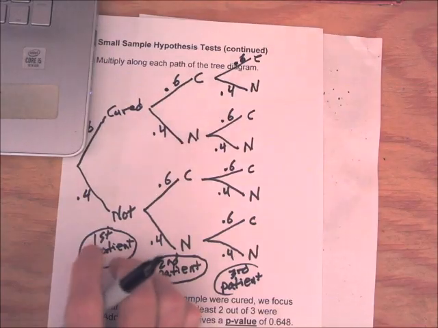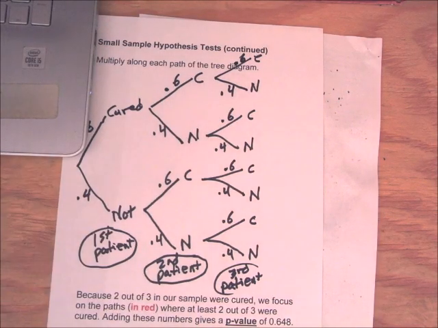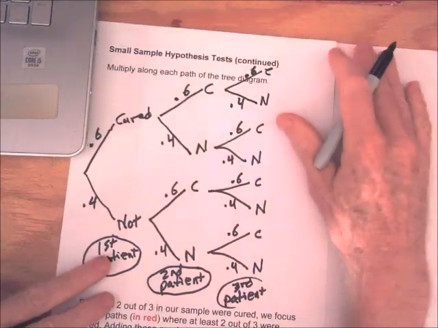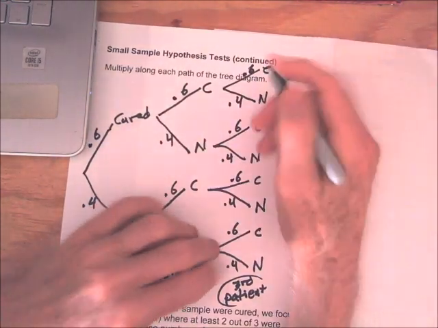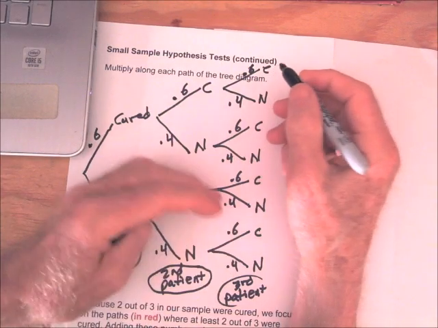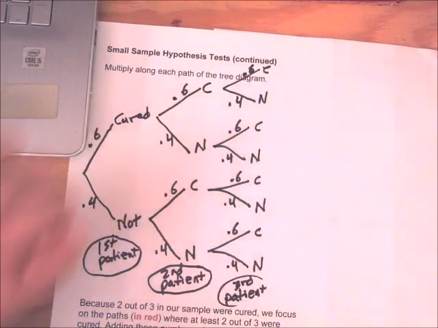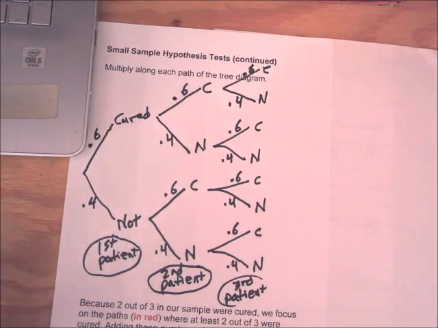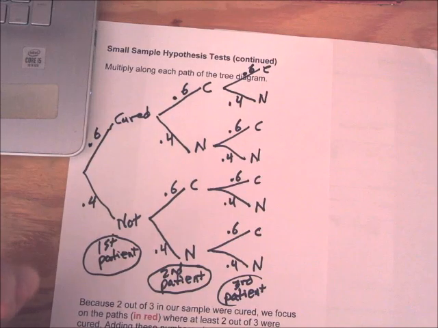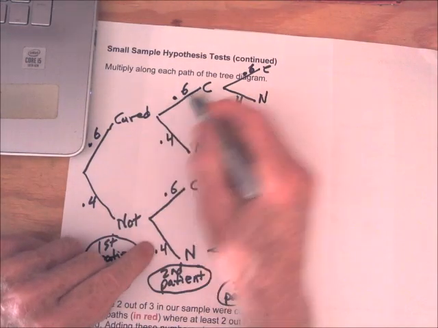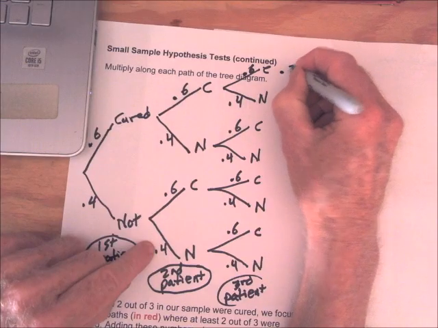Let me try to get a little more space here. I'm running out of room. Okay, so the top path: all 3 patients are cured. We'll put that in red. It's 0.6 times 0.6 times 0.6, which is 0.216.